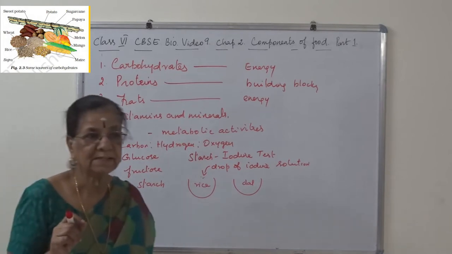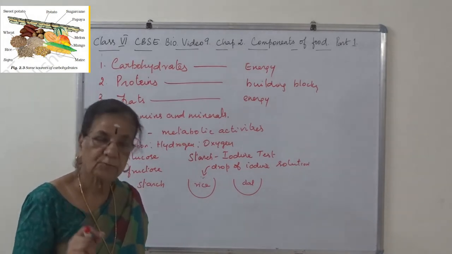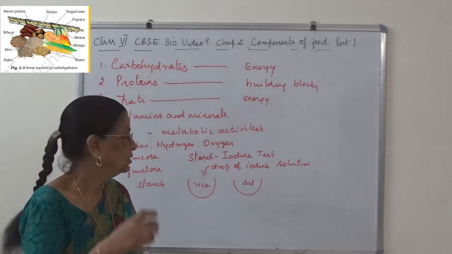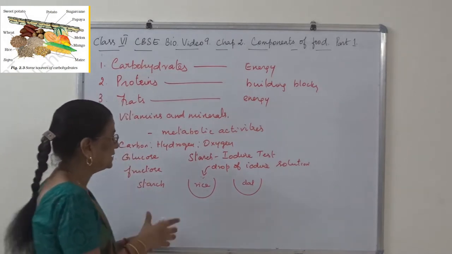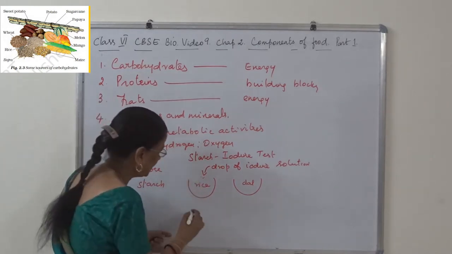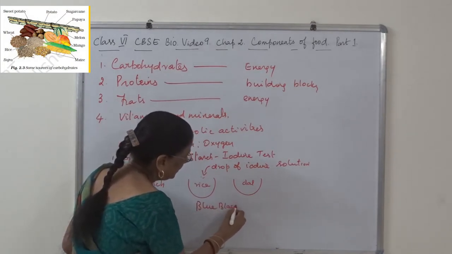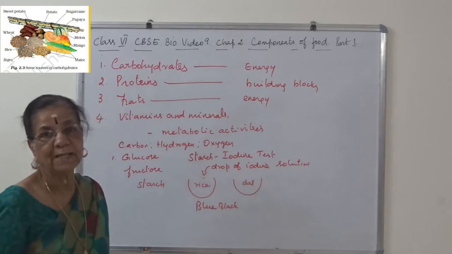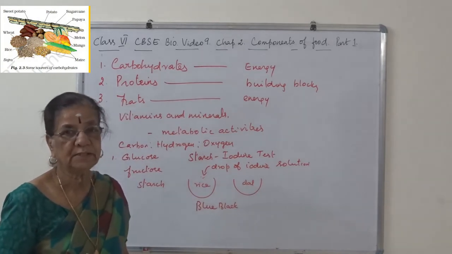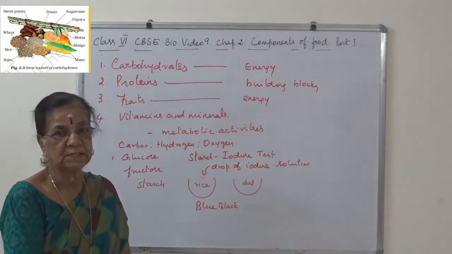That is the characteristic feature of starch. So now here, when we are adding, the rice will become blue-black in color, showing the presence of starch.